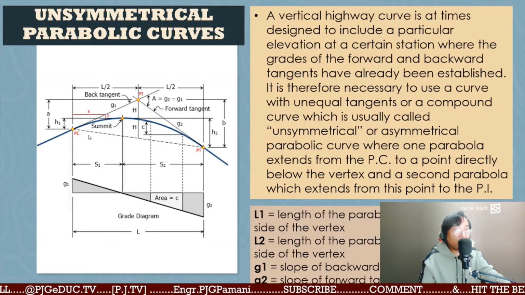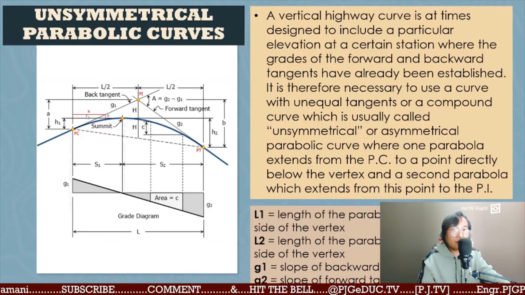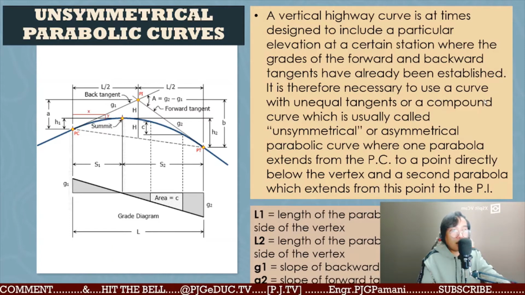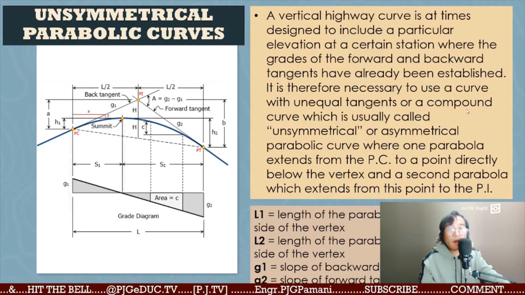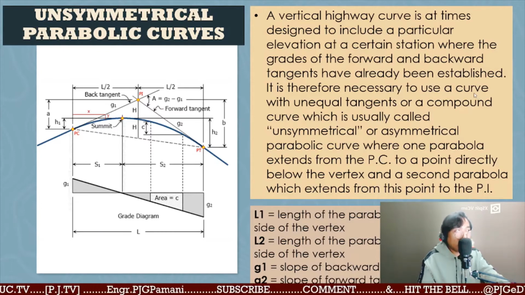So kung meron na yung forward and backward tangent daw, as much as possible, dapat magkaiba yung left-hand side of the curve with the right-hand side of the curve. So basically, we are having a compound curve, but in a parabolic manner. Okay?